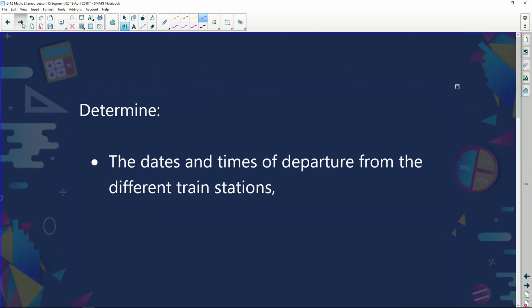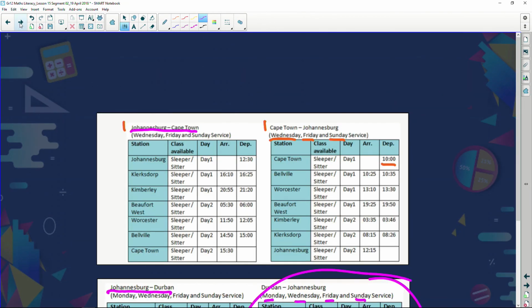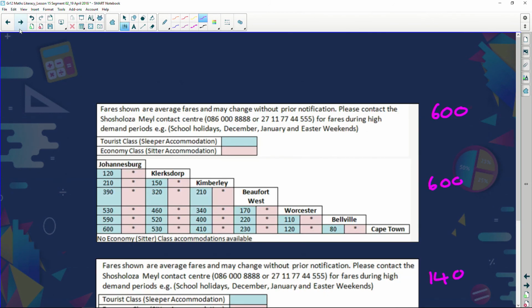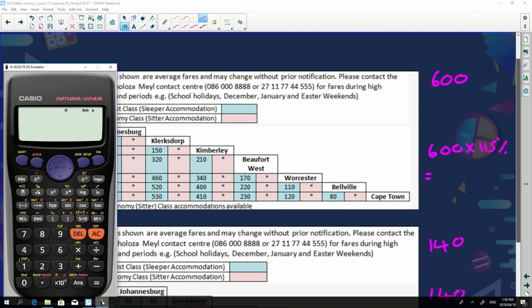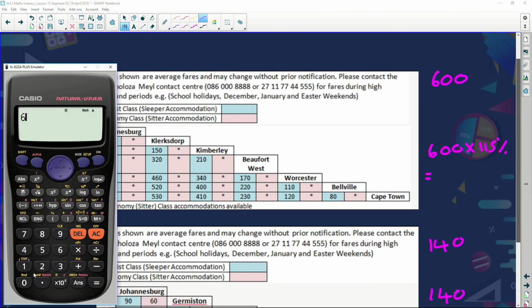All right, so now let's quickly go back and have a look at what these fares are going to cost us. So 600 Rand stays as is. The other 600 Rand, we're going to add 15%. So we're going to say times 115% equals, and we get our calculator to do that for us. I've got 600 Rand times 115%, and my answer is 690.